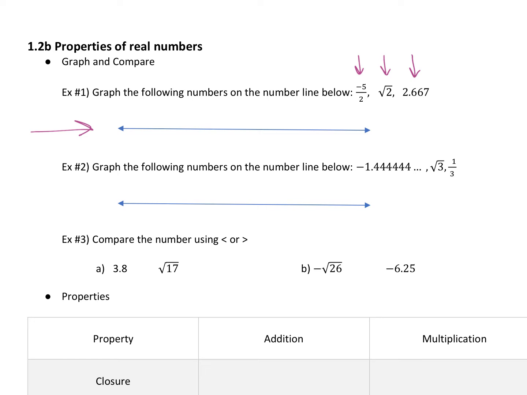It's easiest to turn a number into a decimal because your calculator will do it for you. Isn't that lovely? So if you have a calculator and you would like to get it out, great. That first number, you might know that one off the top of your head, right? -5/2. What's the decimal version of that?